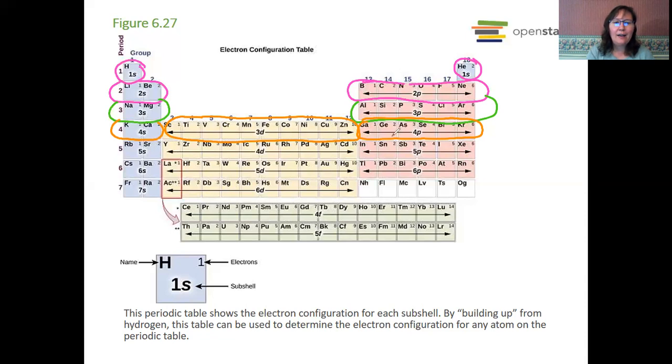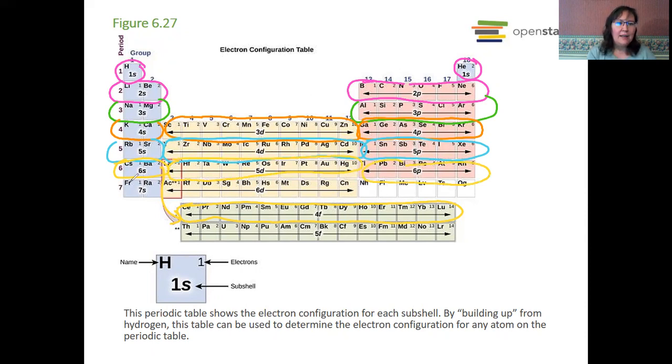All right, now again, after this row, next I have 5s and then 5d and 5p. This is why I say I use the periodic table. I think it's really easy to see. And then 6s. Now from 6s, we come down here and we fill 4f. And then 5d and 6p.